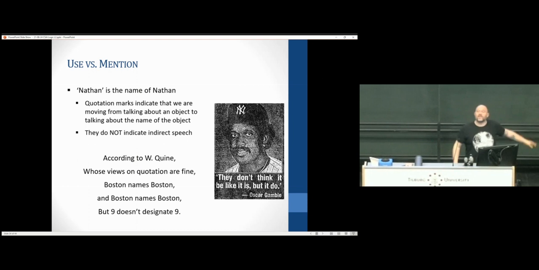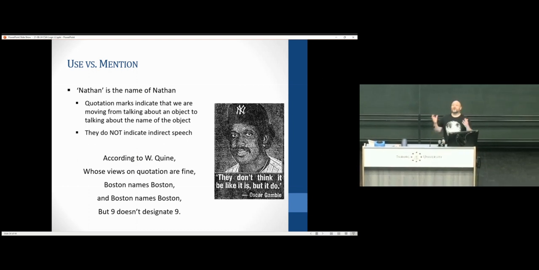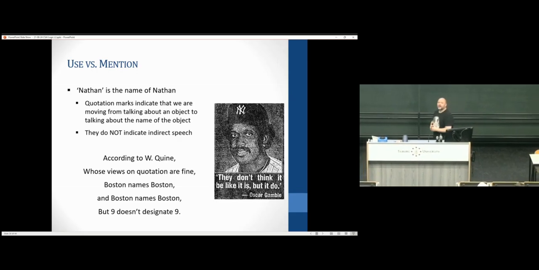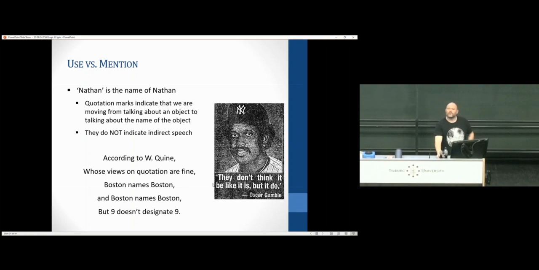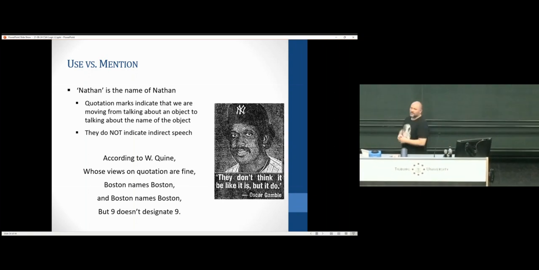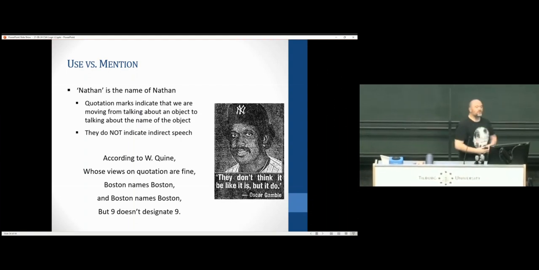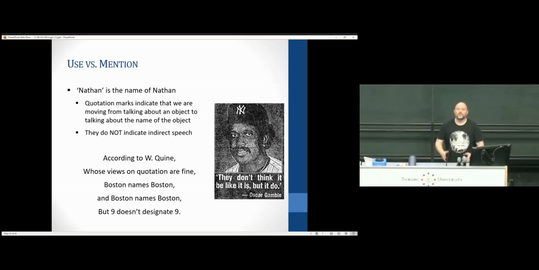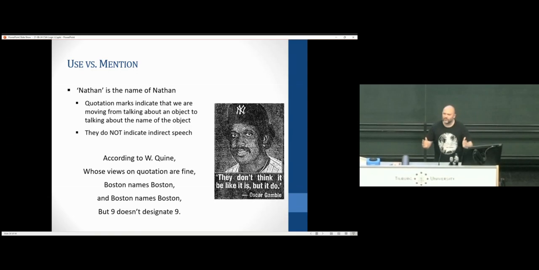Notably, in this context, when we're thinking about formal logic, they do not indicate indirect speech, like in this quote. My favorite quote ever. What do the inverted commas do, at least in the context of formal logic? They indicate that we are mentioning the relevant word. We are talking about the string of symbols itself, not whatever it stands for.